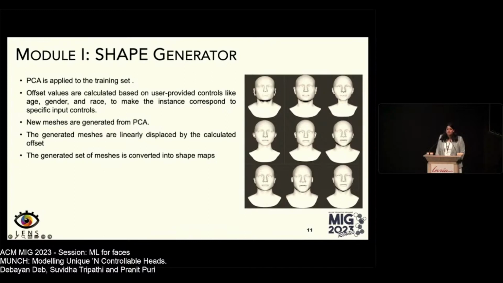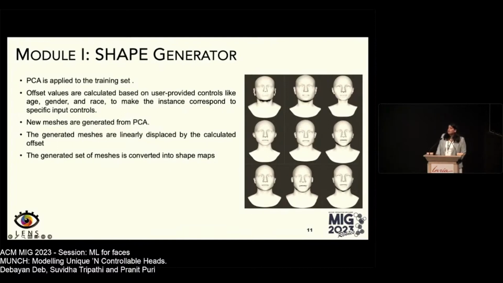The reason we used linear modeling is that we found that with non-linear generative processes like GANs and VAEs to generate 3D shapes, we were not able to generate enough diversity between each of these shapes. The method was overfitting, and there was mode collapse as well.